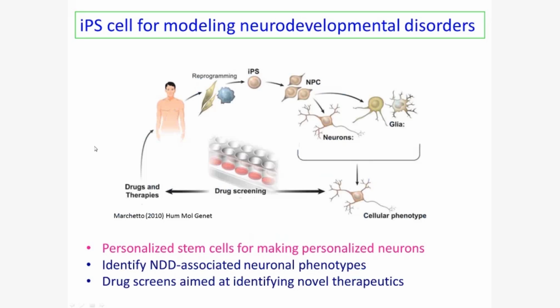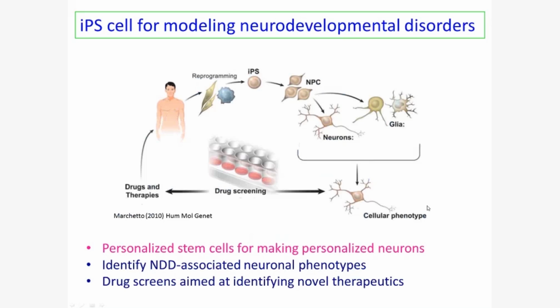So very briefly, this is a schematic representation of the approach that our lab and many other labs use, which was published in a review by Marchetto and Gage. And so we generate iPS cells from individuals with specific neurodevelopmental disorders and, when possible, from their unaffected relatives. And we induce these iPS cells to differentiate into neural precursors and neurons.